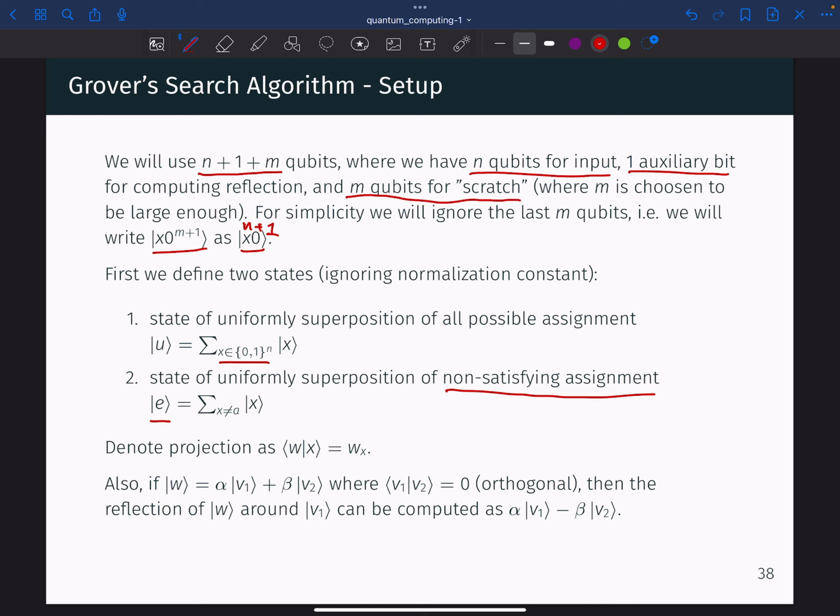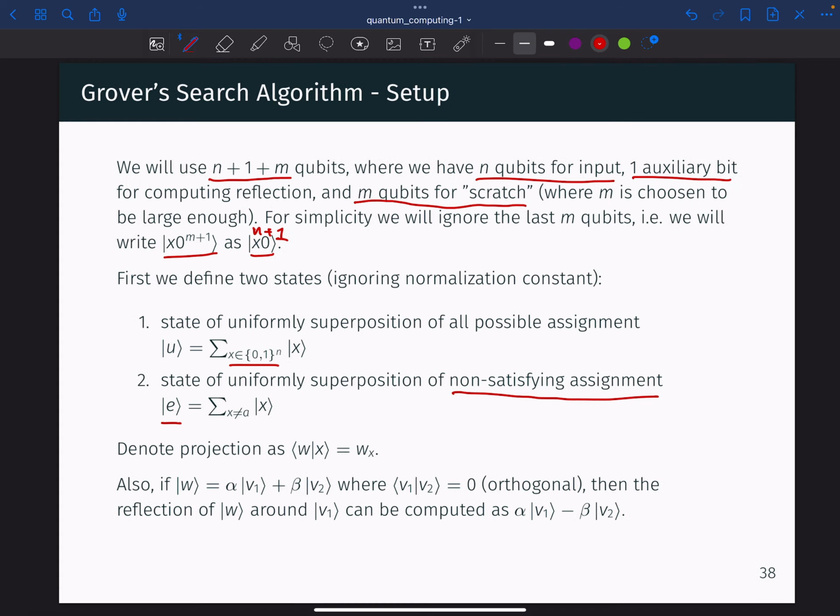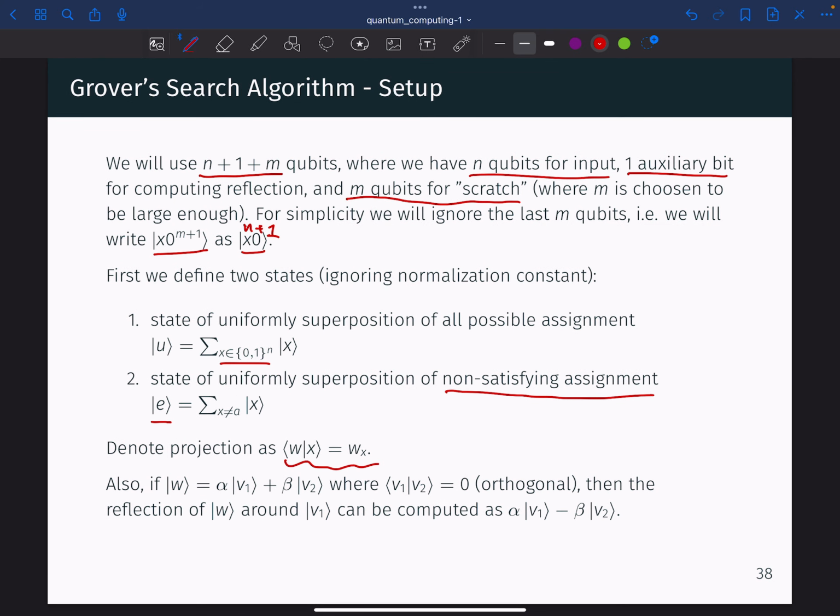We also define a shorthand for projection. If you have a state W and you project onto some state X, we'll just write this projected coefficient as Wx. And also we'll go through what we mean by reflection.